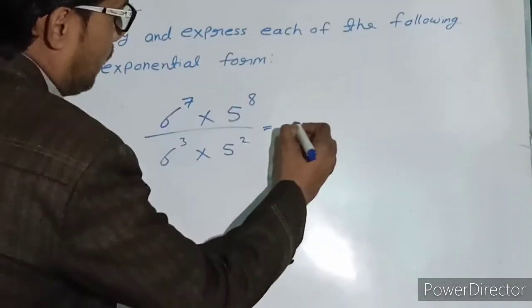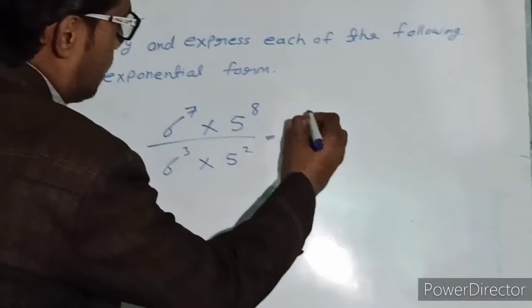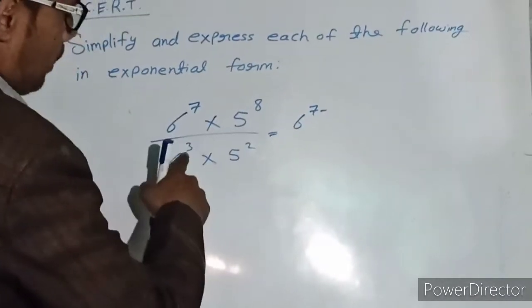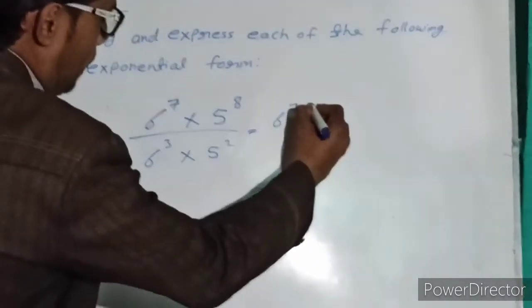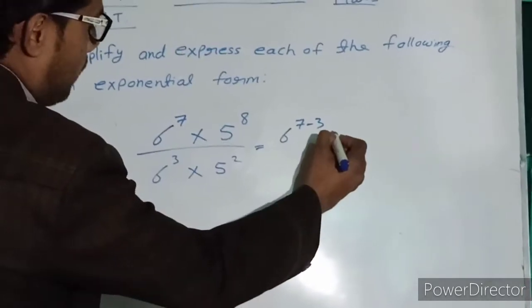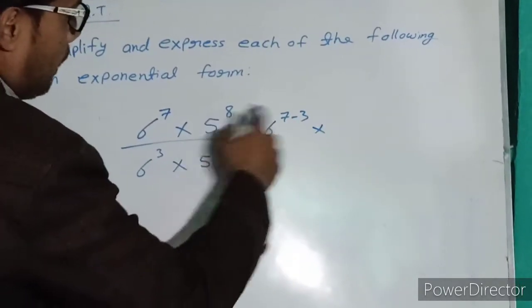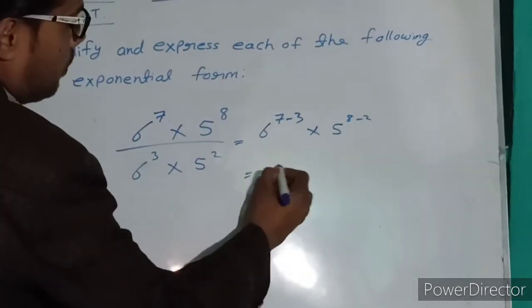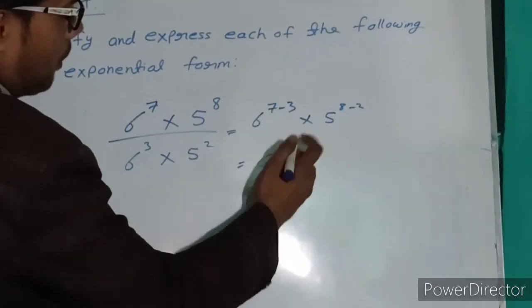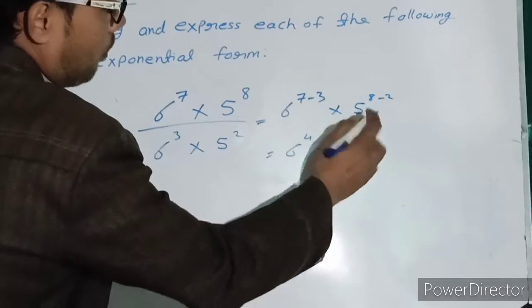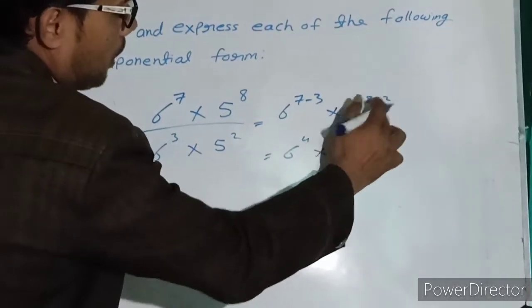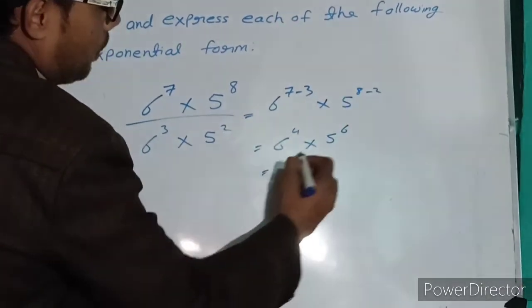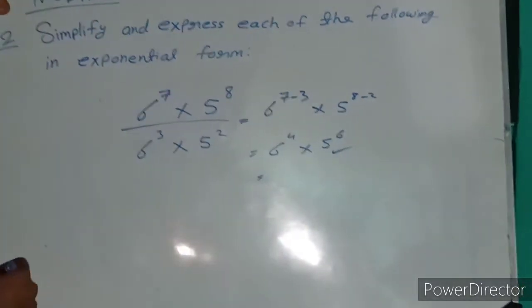So we will write them like this: 6 raised to the power 7 minus 3, and 5 raised to the power 8 minus 2. 6 raised to the power 7 minus 3 is 6 raised to the power 4, and 5 raised to the power 8 minus 2 is 5 raised to the power 6. So this will be our answer.